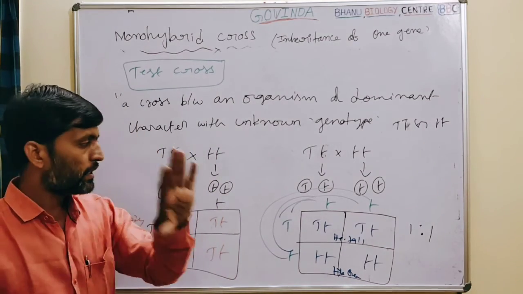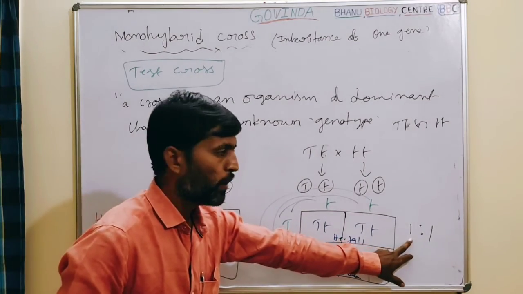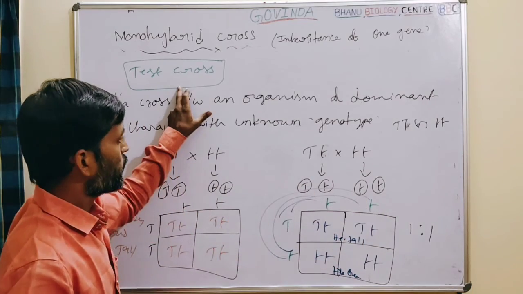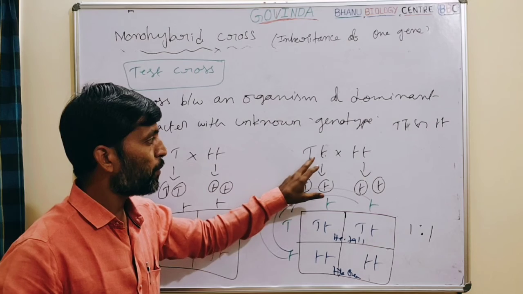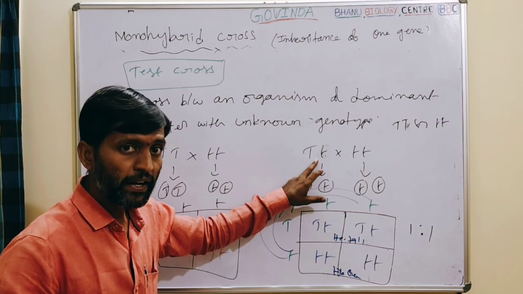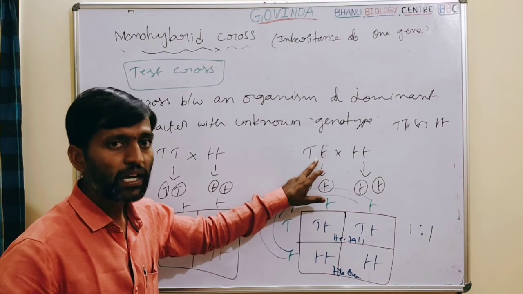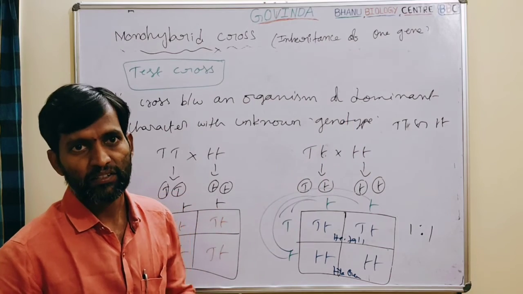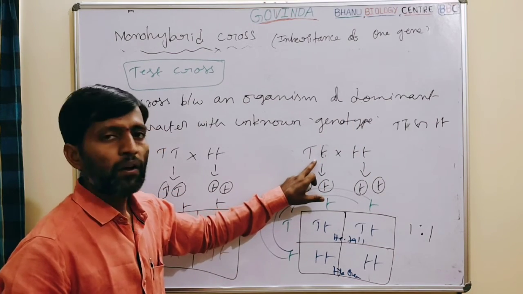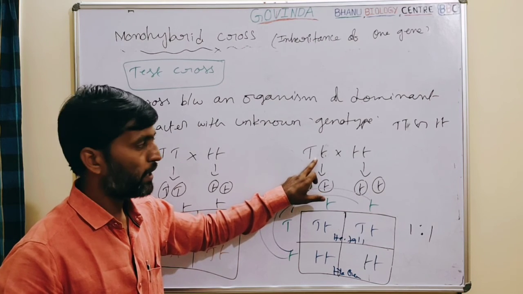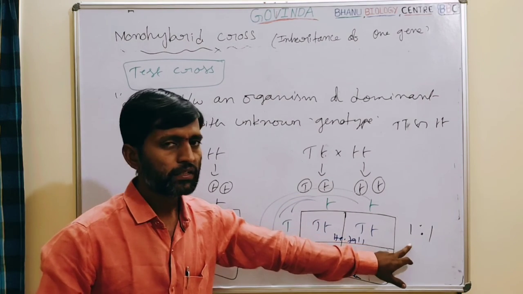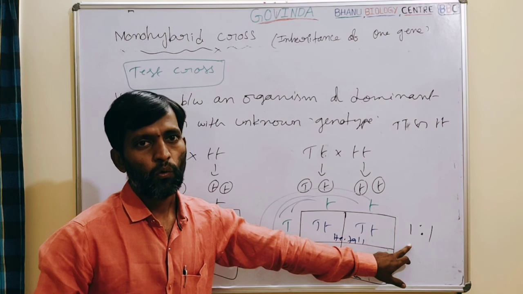We always get the 1:1 ratio in the test cross when the genotype of the dominant plant is capital T small t. So when the plant is in the heterozygous tall condition, we always get 1:1.